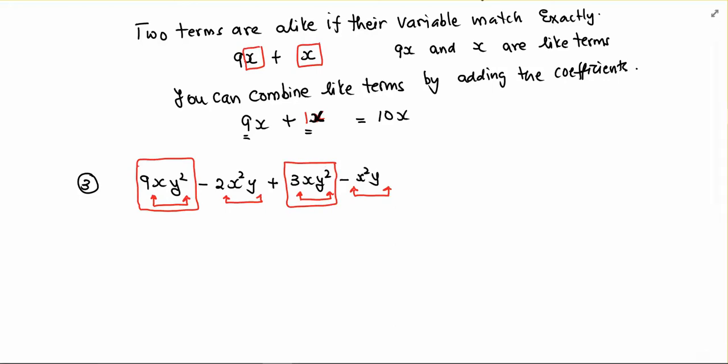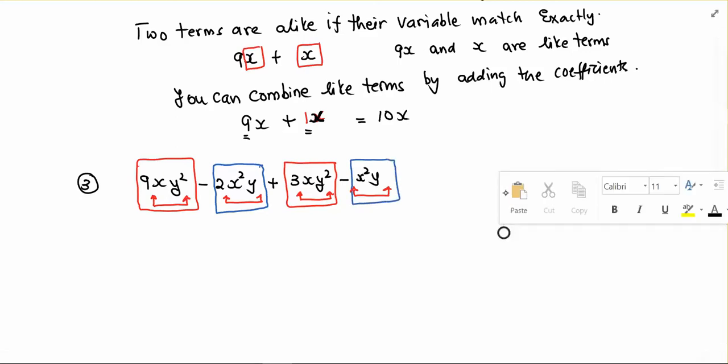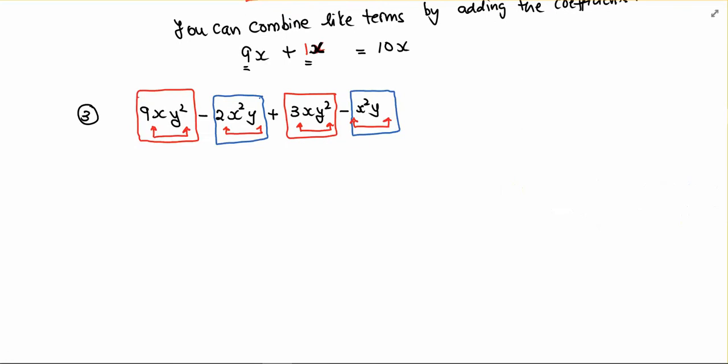And then we can say, if you compare the variables of the second term right there, x squared y, that matches with that x squared y, right? So what you can combine here are the first and the third, and the second can be combined with the fourth.